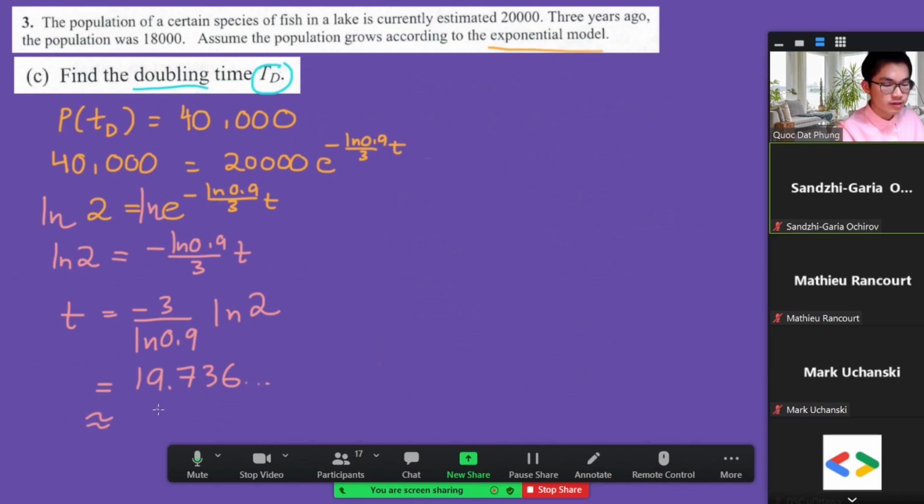And we are going to round it down. So therefore, the time that it takes to double the population is 19.7 years, about 19 years. Okay, are we ready to move on?